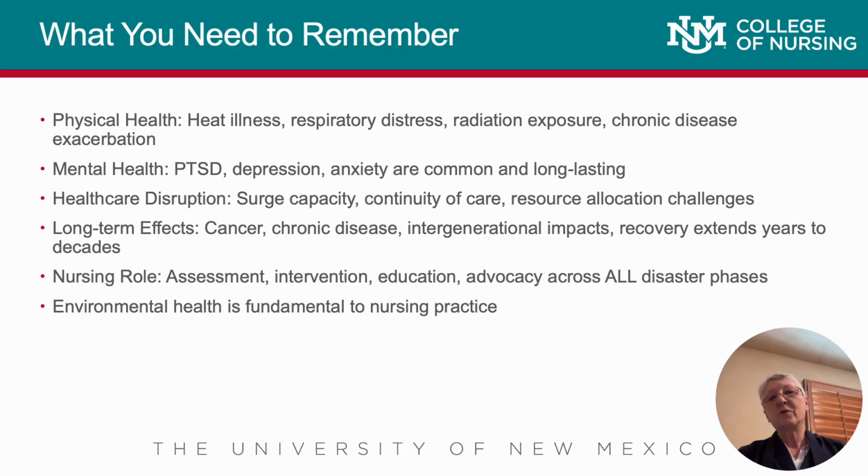Infrastructure damage can persist for years, affecting healthcare delivery long after the immediate disaster. For long-term health effects, remember that cancer, chronic respiratory disease, and cardiovascular disease can develop years after exposure. Intergenerational impacts occur in contaminated communities.